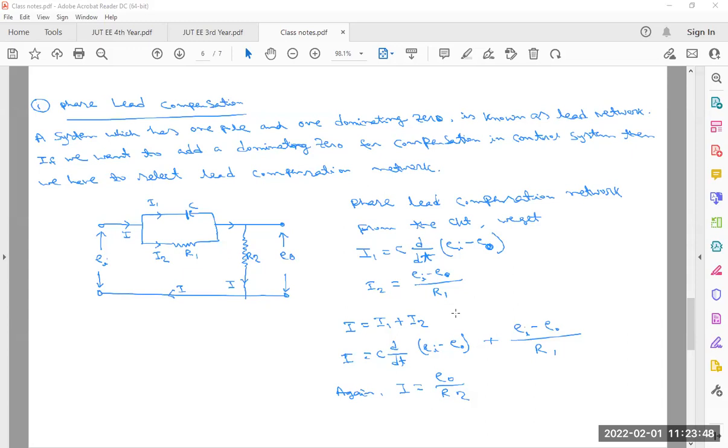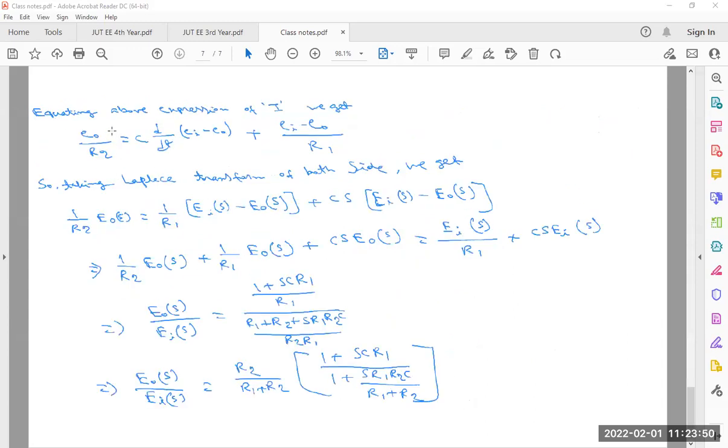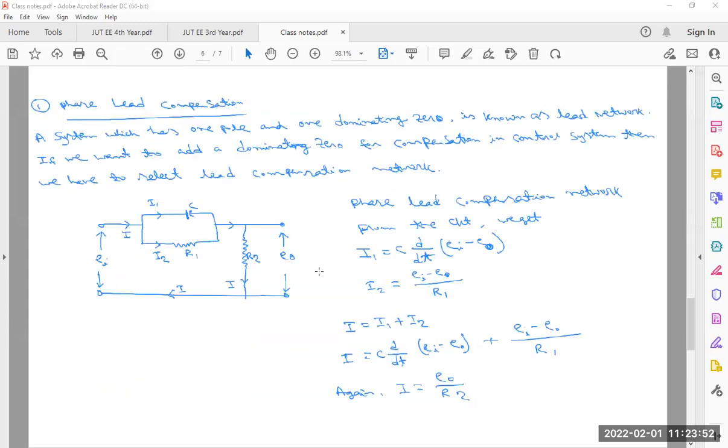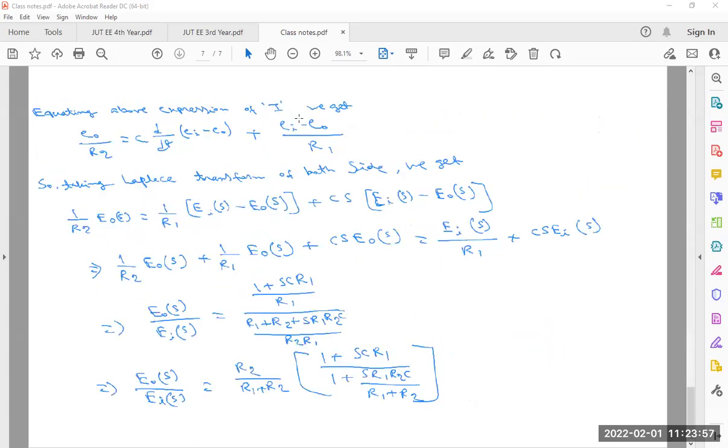Okay, so next part, we have to equate this above expression, and according to this we have to calculate the total current, that is I. Then we take the Laplace transform on both sides. After the Laplace transform you have to apply input and output sections one by one.